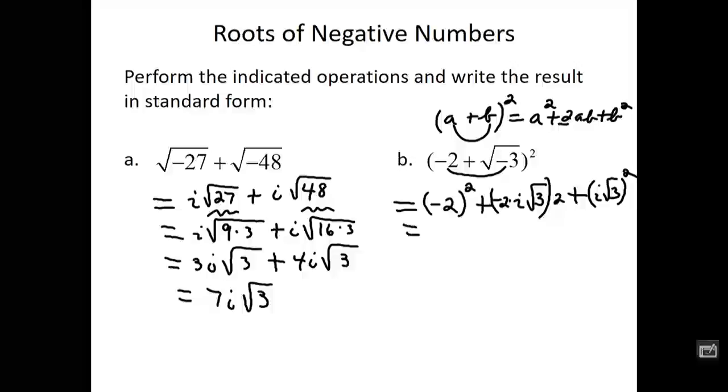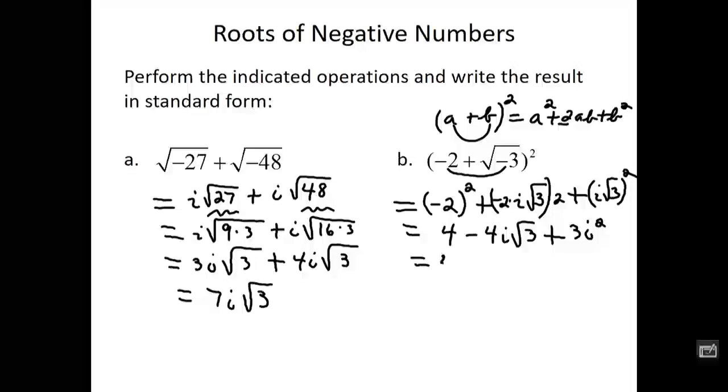So what do we have here? We have negative 2 squared, which is 4. And we have negative 2i times 2 is negative 4i times the square root of 3. Plus, if I square i times the square root of 3, I'm going to get 3i squared. The square root of 3 squared is 3, and i times i is i squared. Let's simplify what we have here.